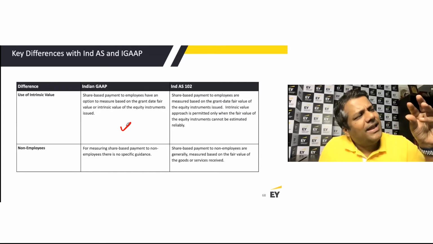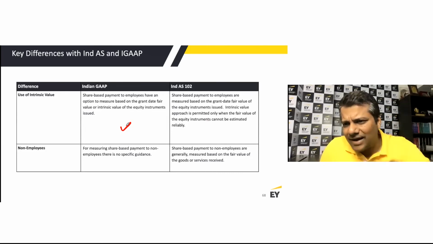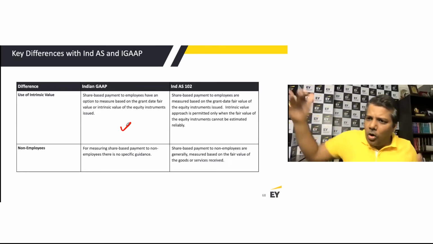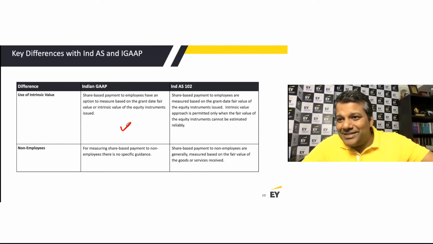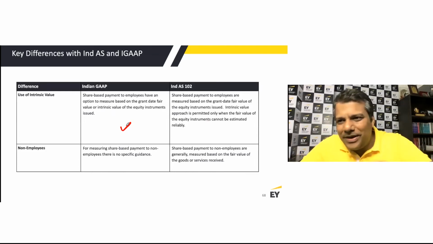Whereas Ind AS says that since you are giving an option to the employee, it's a right available to the employee that they can exercise after the vesting conditions are fulfilled, which is long in duration, 3 year, 4 year, 5 year. If you go and buy Nifty options or any stock options which are listed, they are valued, right? You have to pay a premium to buy those.